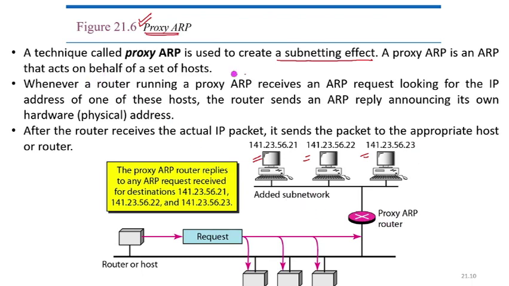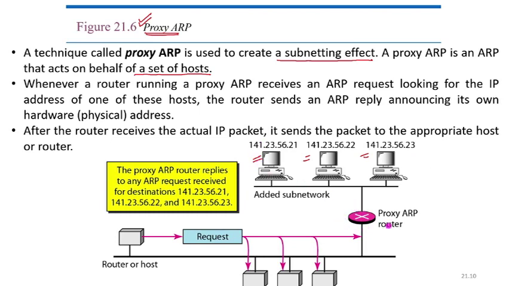So what is its meaning? A proxy ARP is an ARP technique that acts on behalf of a set of hosts. These hosts will not be replying themselves; this router, the proxy ARP router, will be replying on behalf of these hosts.